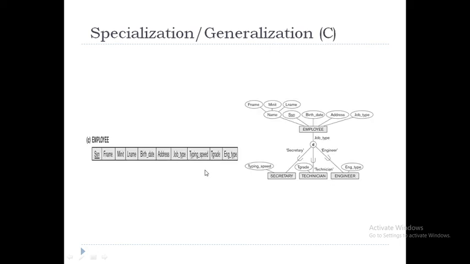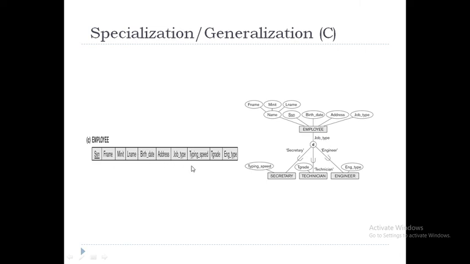Then the third way is you create a single relation, and in this single relation you include all the attributes. For example, all the attributes about the employee, and then we'll have job type.